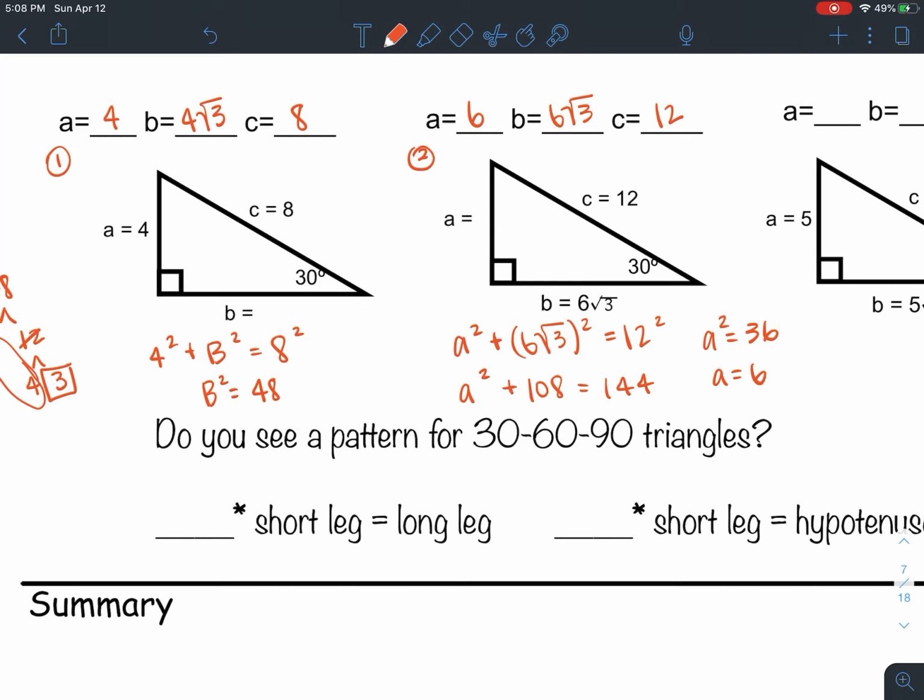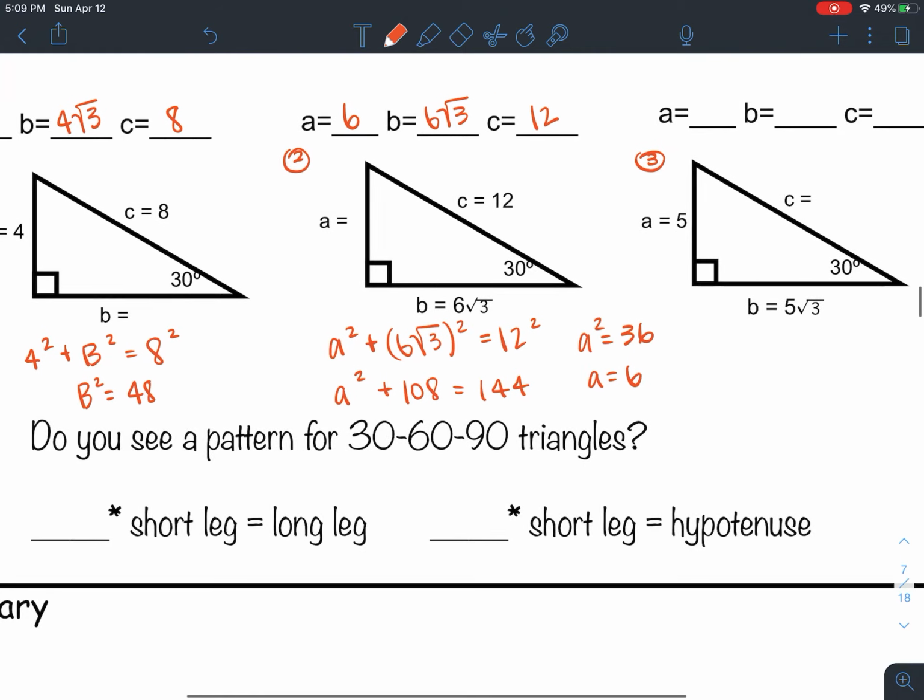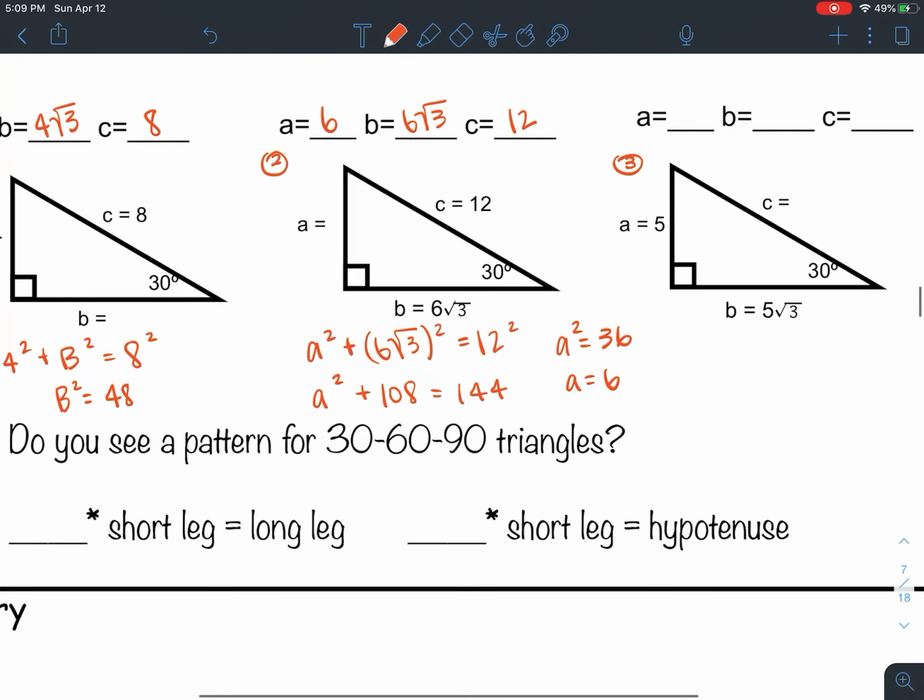So you'll notice already that you're starting to develop a pattern. If I take a look at the third example and relate it back to 1 and 2, if I'm given 5 for A and 5 root 3 for B, then my C is going to be double that coefficient, 10.